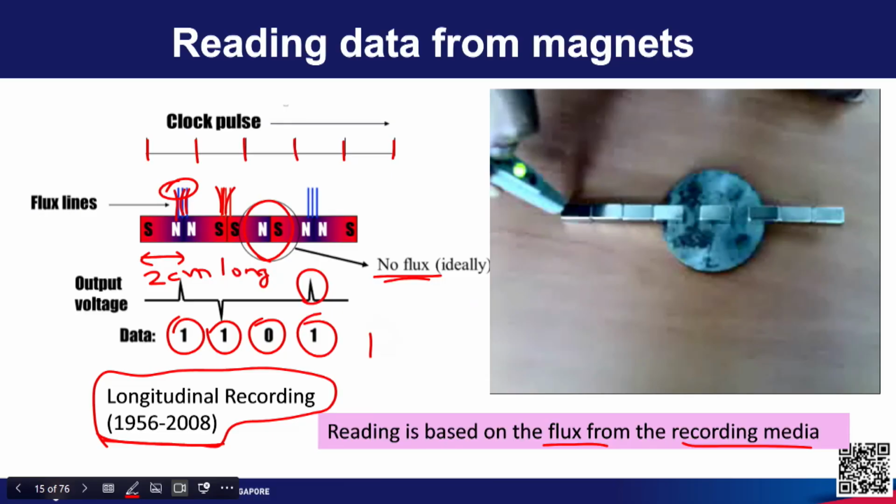So, in current technology, the length of one bit is 12 nanometer, but I am using a 2 centimeter magnet to demonstrate the concept. So, you are looking at the action in a bigger scale.